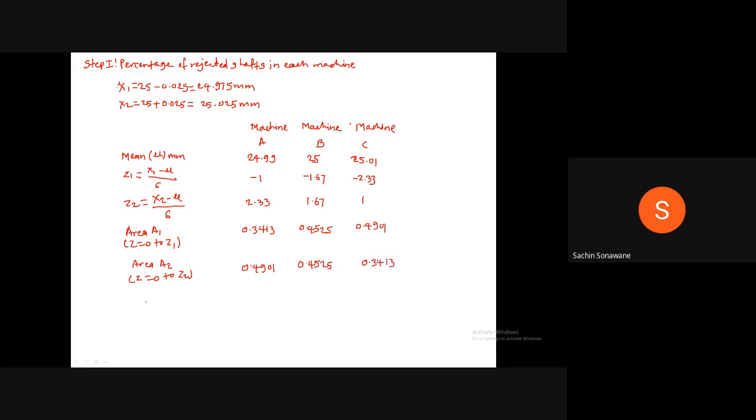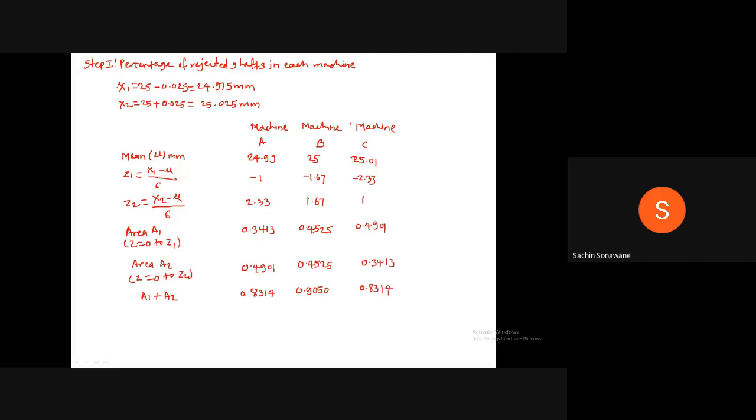Now we have to find out A1 plus A2. Therefore write down here A1 plus A2 is equal to now addition: 0.8314, 0.9050, 0.8314.